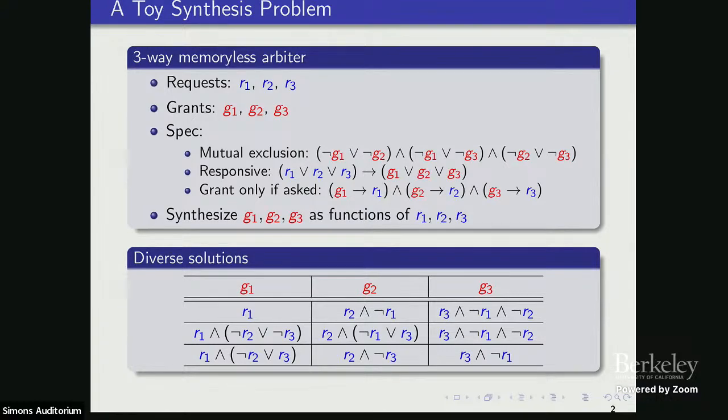So the question is that existing synthesis tools which can solve these kinds of problems will take a specification like this, and they will output one of these solutions, which the tool thinks is the best for you. I mean, you don't have any further control over it.